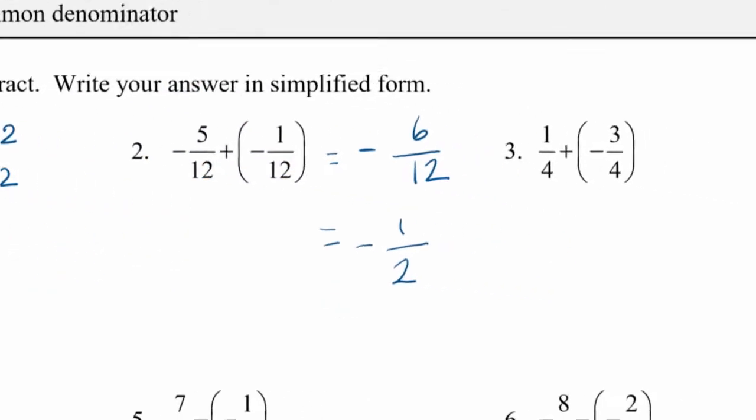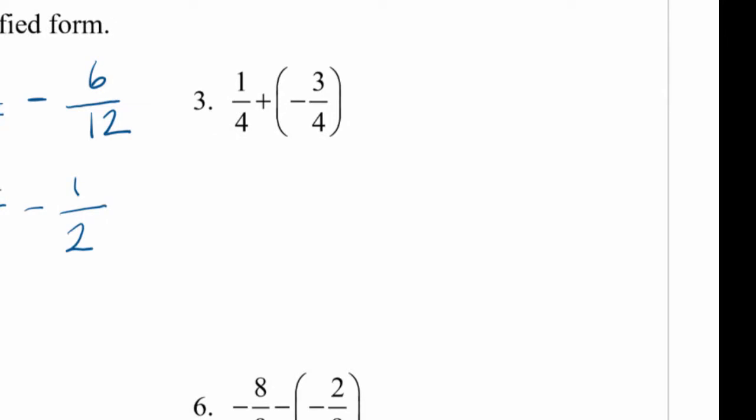Now, in problem number 3, notice that even though we have our common denominator of 4, we do have a positive fraction added to a negative fraction. So in that case, we're going to keep the sign of the fraction that looks larger, right? So the 3/4 is bigger than a 1/4. So the 3 is negative.